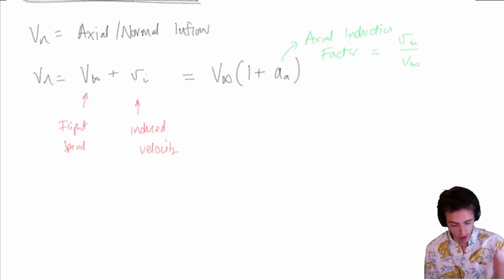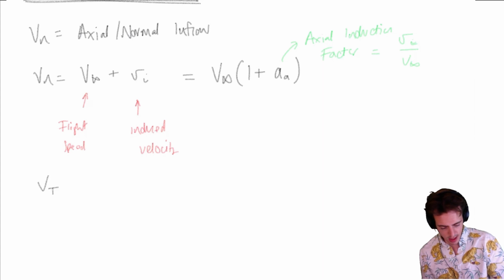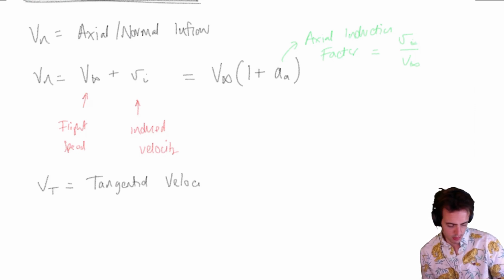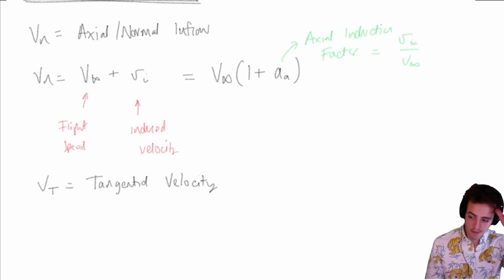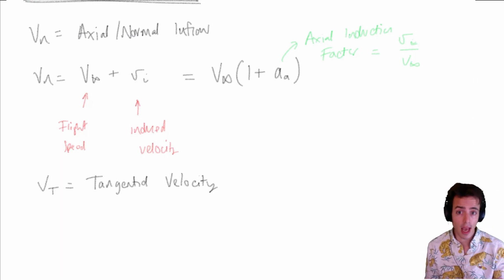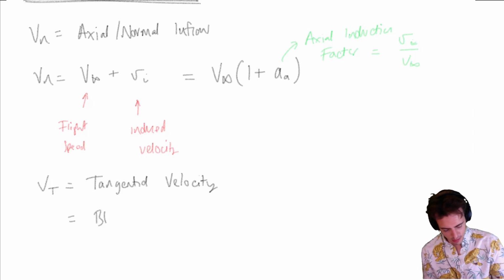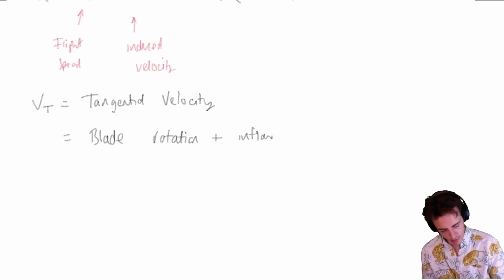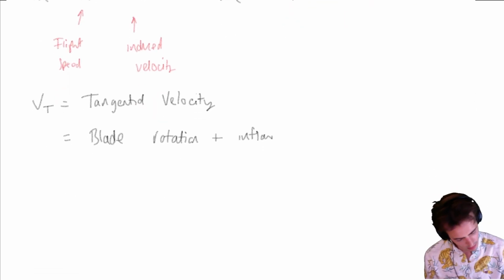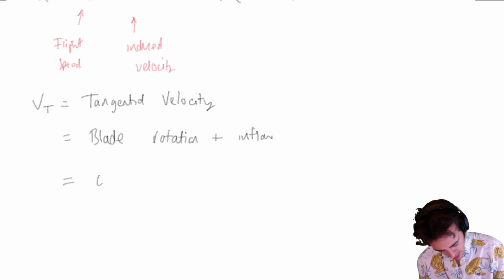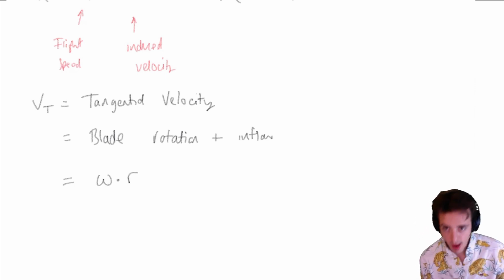And then the second velocity that we've got is Vt. This is our tangential velocity. This is a function of blade rotation plus any inflow. Blade rotation is omega multiplied by wherever the blade position is.